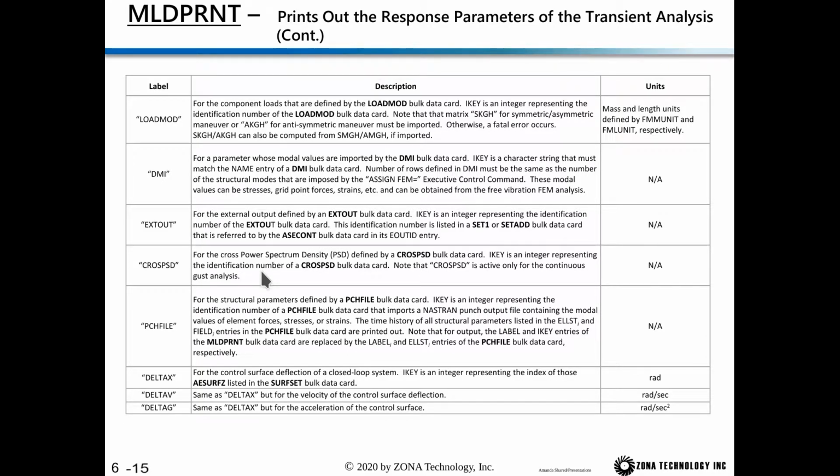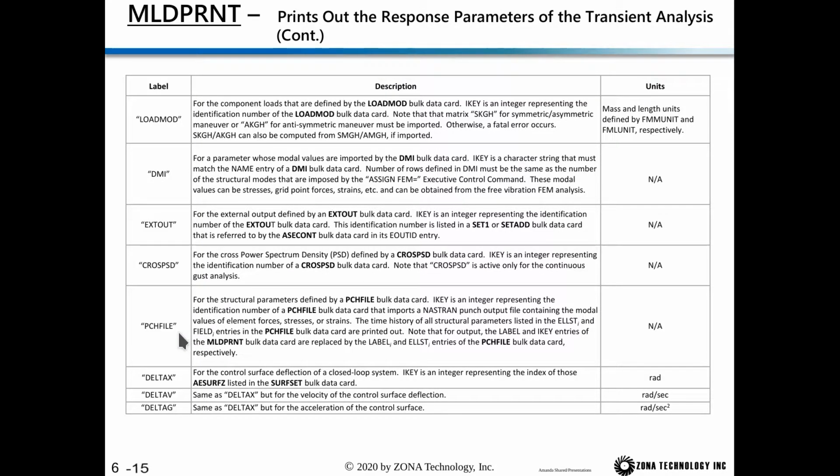Cross PSD allows you to compute the cross PSD. So you refer to a cross PSD bulk data card, and then I key is an integer of that identification number of the cross PSD card. This option is only active for the continuous gust analysis, which we'll cover in the next section.